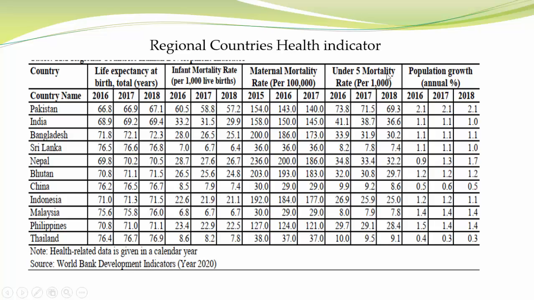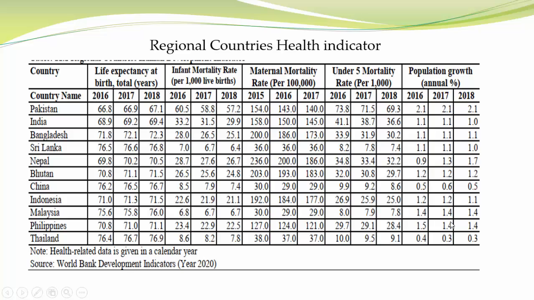Under 5 mortality rate is also very high in Pakistan, 73. It was the highest among the countries of the region in 2016, highest in the region in 2017, and still highest in 2018. Population growth rate, look here, in 2016 it was highest in the region.